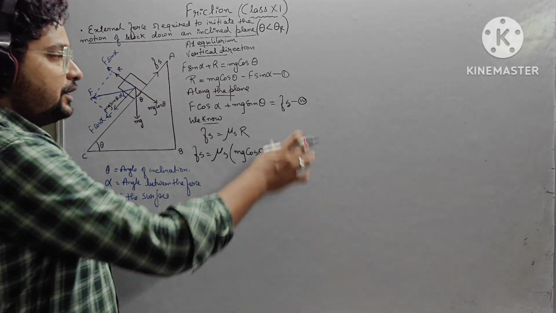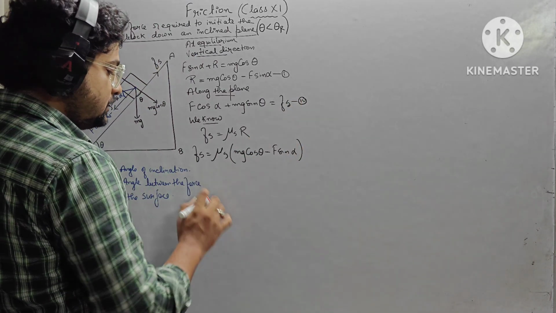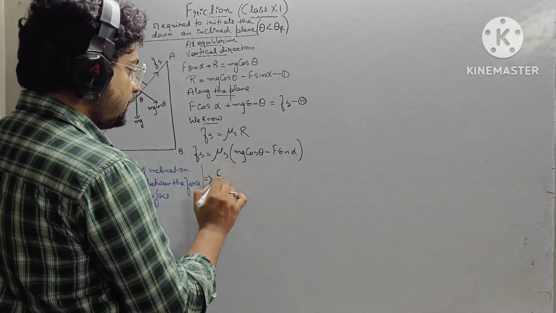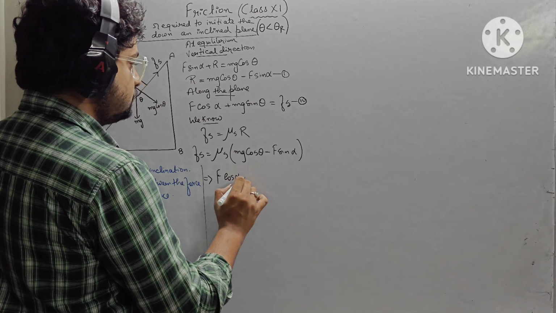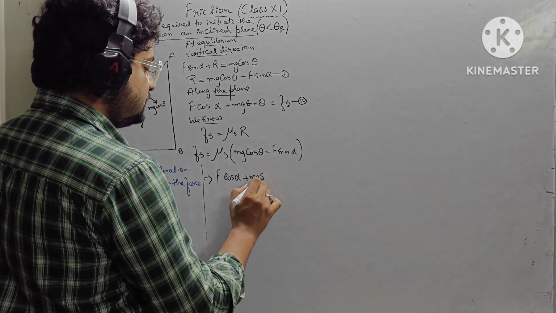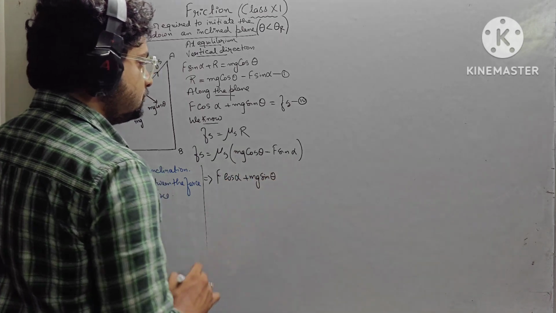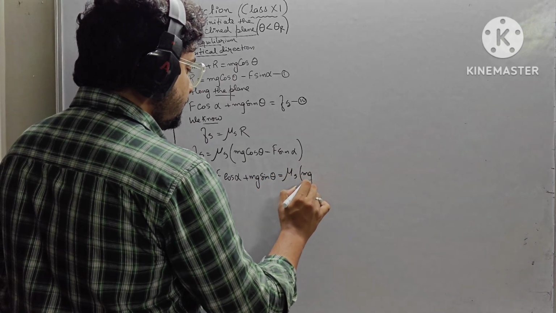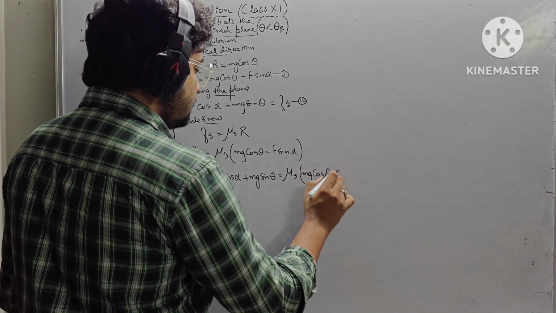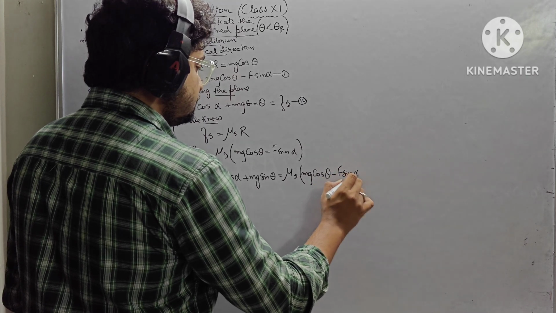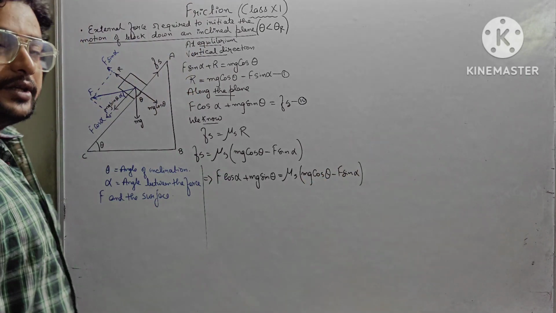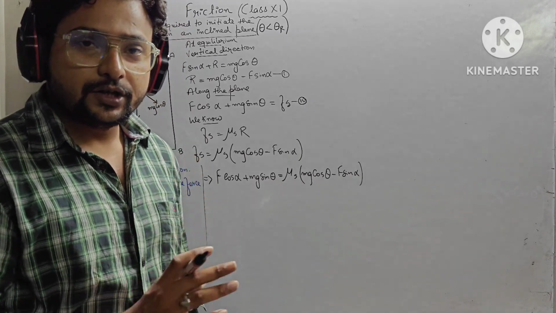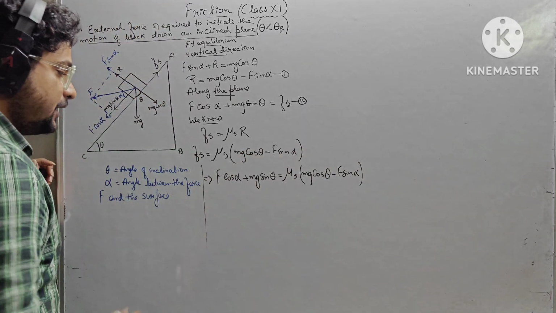If I use equation 2 in this case, I can write F cos alpha plus mg sin theta equals mu s mg cos theta minus F sin alpha. Now the equations are arranged. This one you have to solve and find the value of F, the external force.